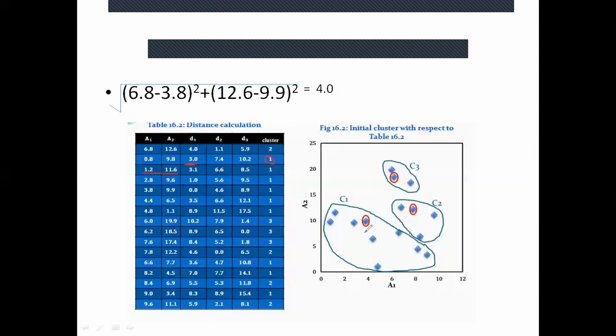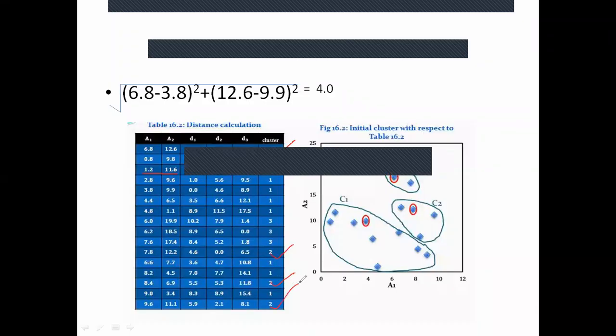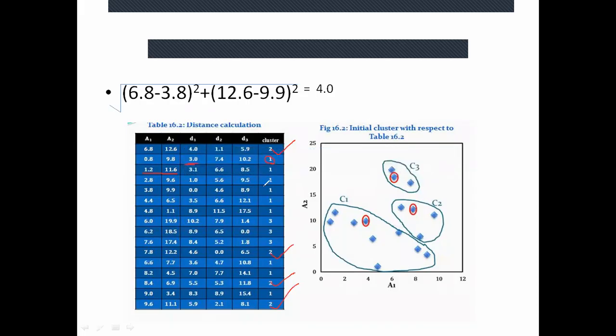If you draw a graph, it would be like this. You can see all these data points belong to cluster C1, because there are many data points that belong to cluster 1. Only these 4 points, 1, 2, 3 and 4, belong to cluster 2. And only these 3, 1, 2 and 3, belong to cluster C3.